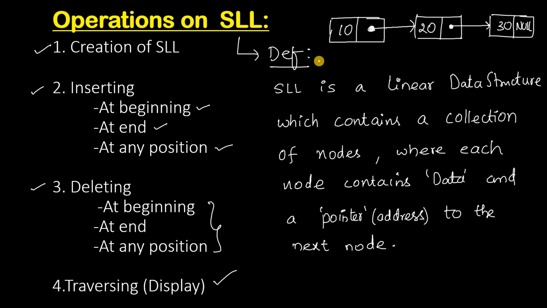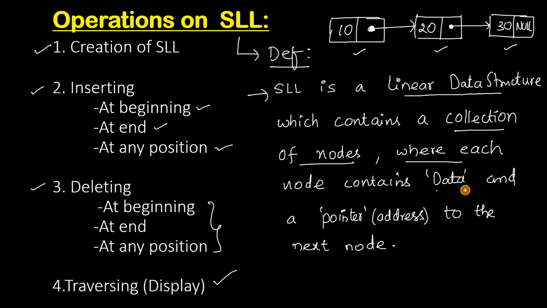First of all, see the definition of the singly linked list. Singly linked list is a linear data structure which contains a collection of nodes. See here, this is a node, this is another node, this is one more, where each node contains two fields.